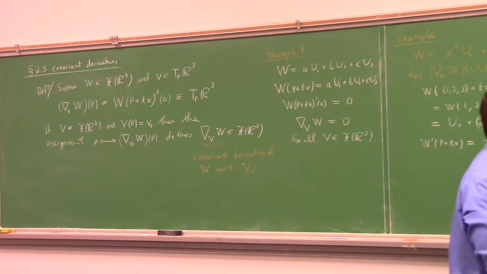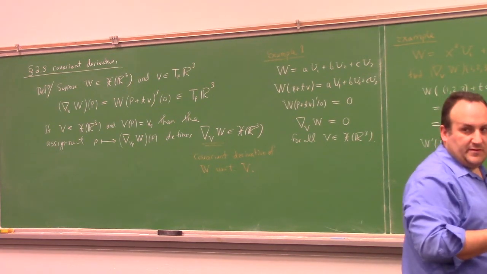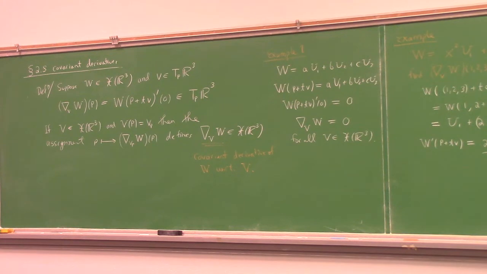So that's the definition. We differentiate each component, the jth component, like that. But then this is nothing more than V at the point P acting on Wj, in the Uj direction. Well, that's the theorem.